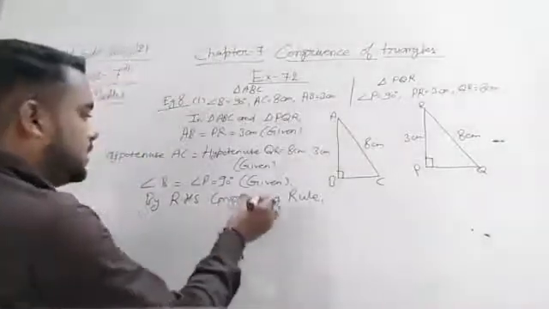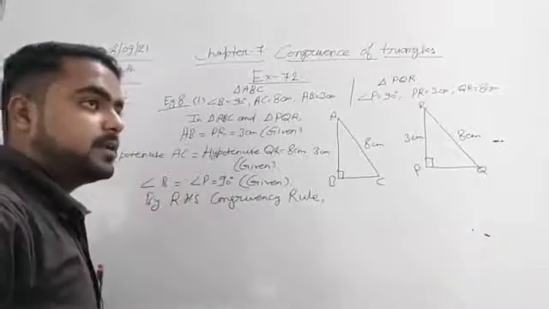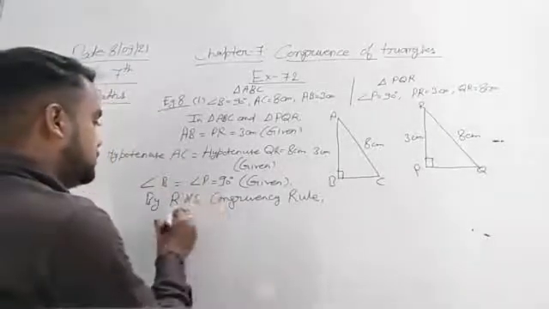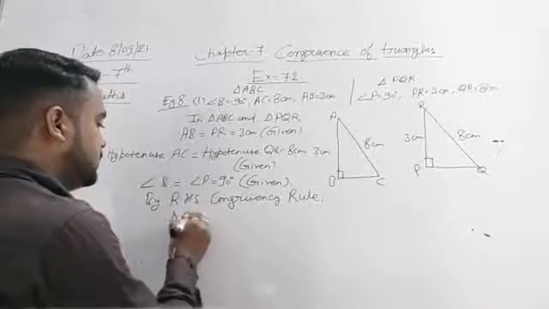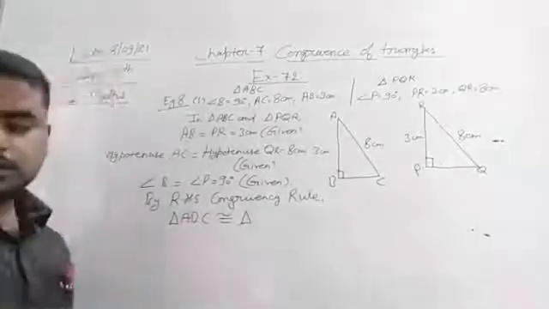So RHS criteria is satisfied here. So by RHS congruency rule, triangle ABC is congruent to triangle.